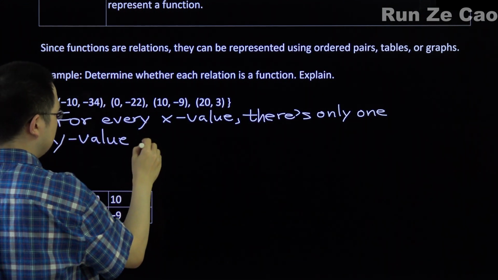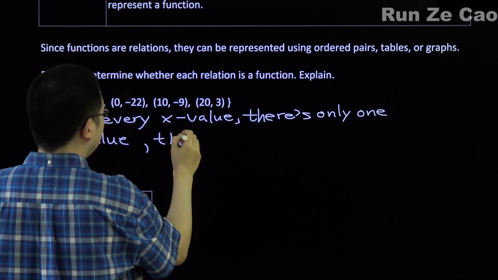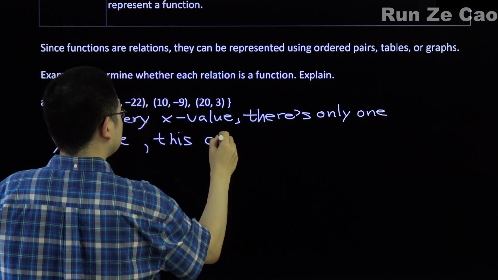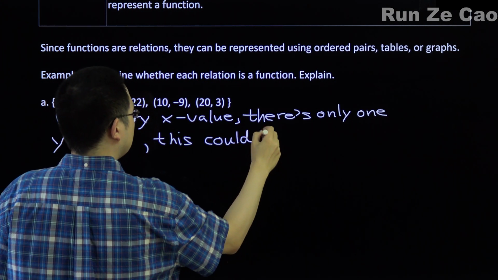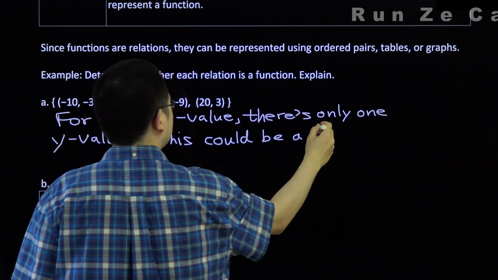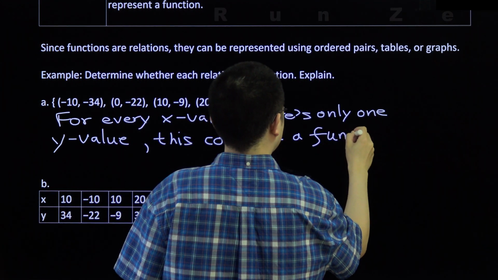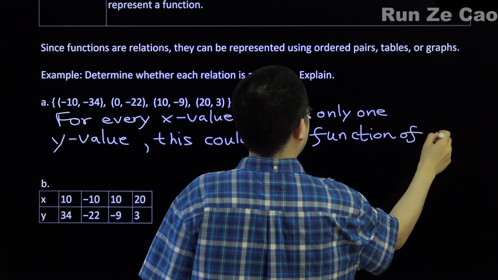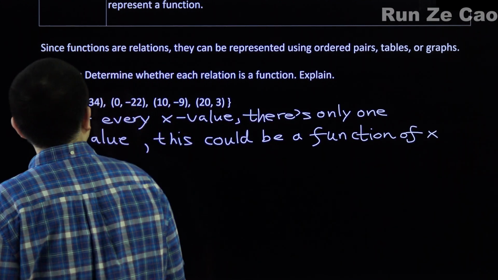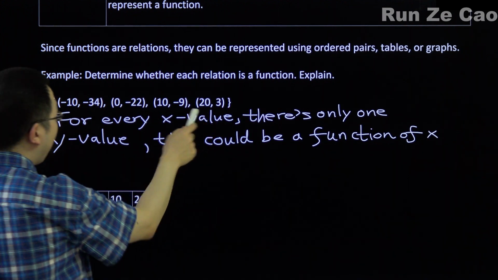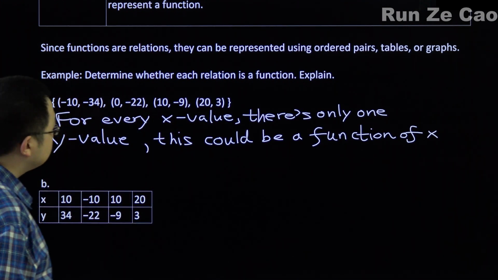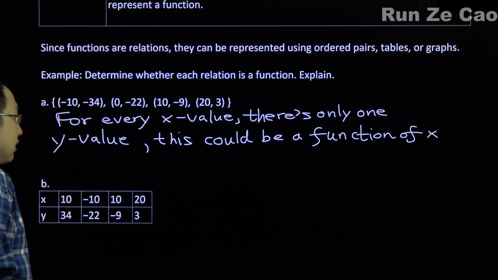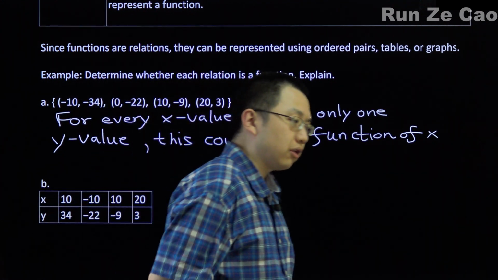So this could be a function of x. However, look at it. How many y values do we have? Oh, we have 4 separate y values, and each of them has its own unique x value.